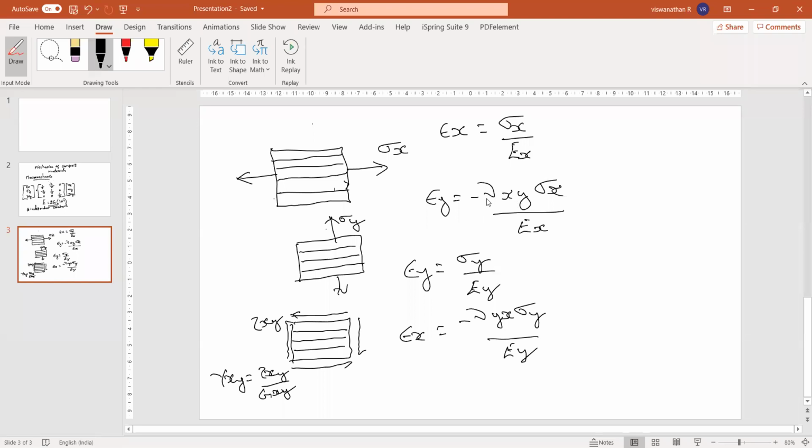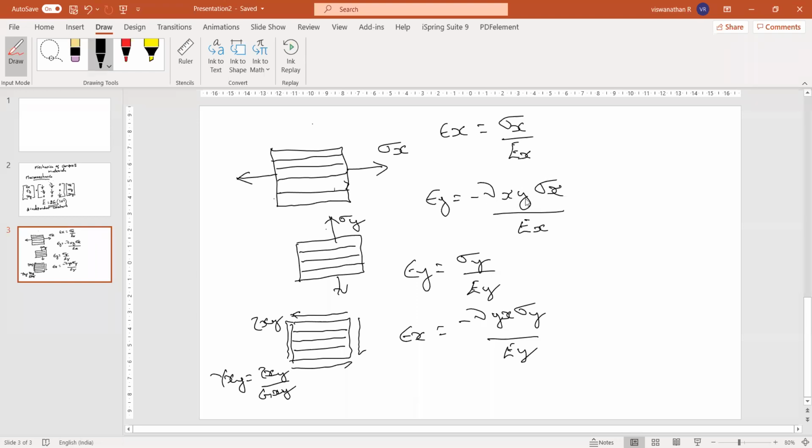Also, you cannot mention just nu. Okay, Poisson's ratio. There are two Poisson's ratios for this UD lamina. One is called the major Poisson's ratio and another one is called the minor Poisson's ratio. Have you come across this when we discussed micromechanics? Okay.